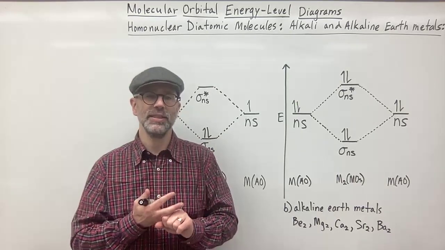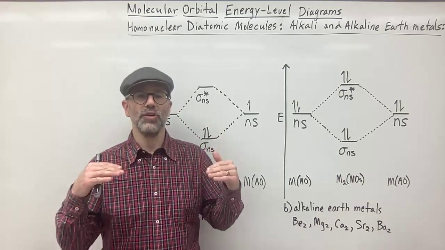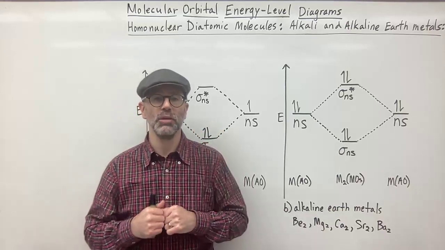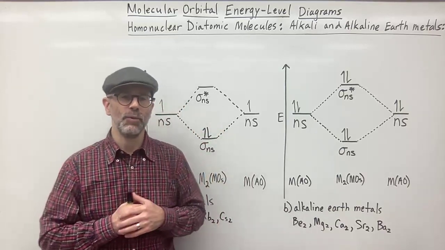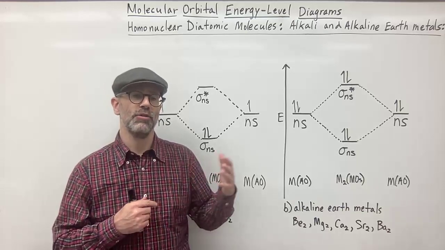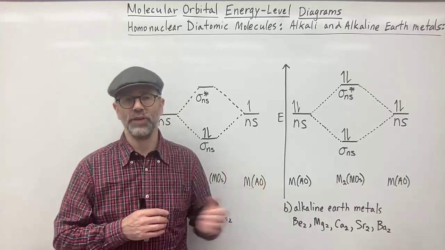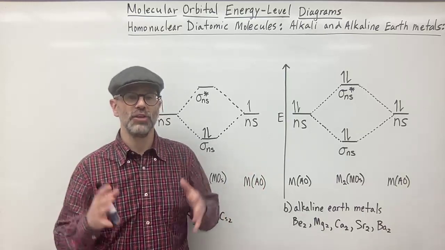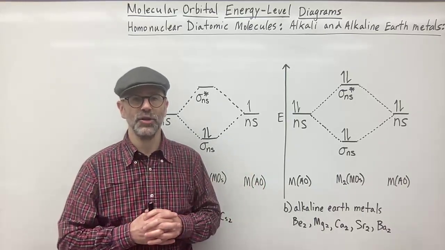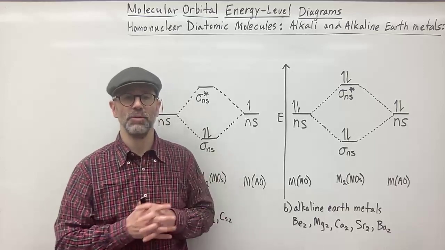The second reason is that all of those inner orbitals that are not valence are going to be completely filled. What that means is that you've got an equal number of bonding orbitals and anti-bonding orbitals, such that the bond order, when you add all those together, is going to be zero. We saw that before.